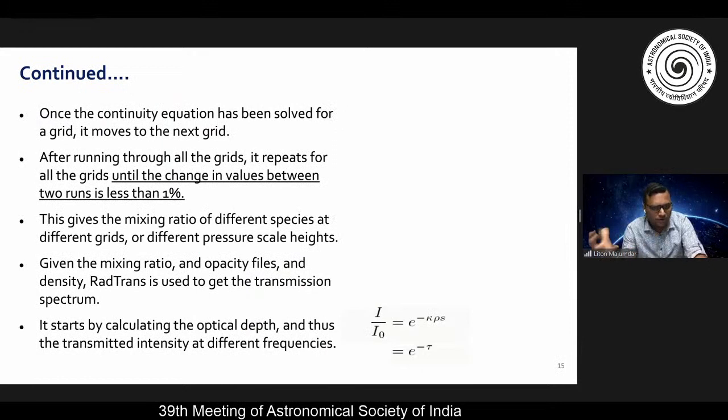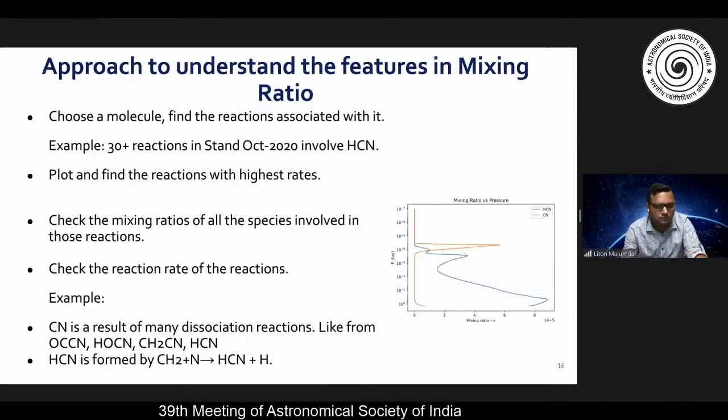Once the mixing ratio is available to us, we can calculate the optical depth and also the transmitted intensity at different frequencies using a simple radiative transfer method, which is often linked to the opacity of individual molecular lines.